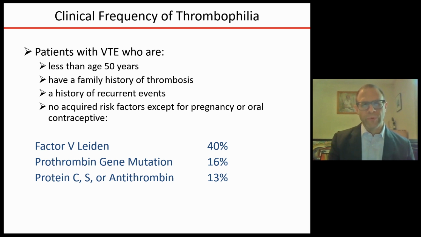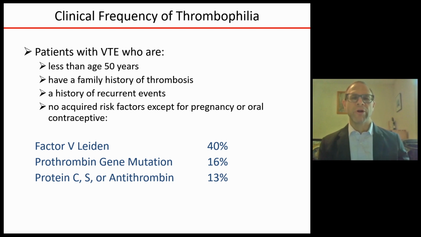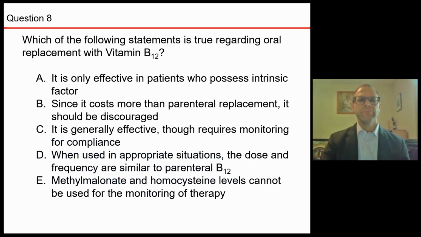Or possibly will we start somebody on anticoagulation because they have a thrombophilia? That thrombophilia has to be really severe for somebody to be started on a blood thinner without actually having a blood clot. That almost never happens. But if the clot is happening in somebody with a family history or a recurrence of clots in a young age, perhaps during pregnancy or on birth control, we would consider testing these.